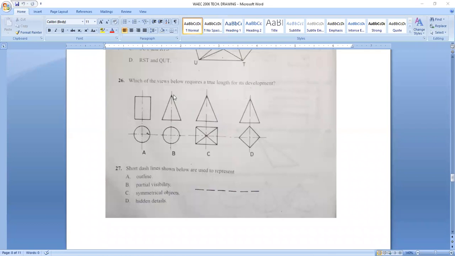Question 26 says: which of the views below requires a true length for its development? The answer is option C.